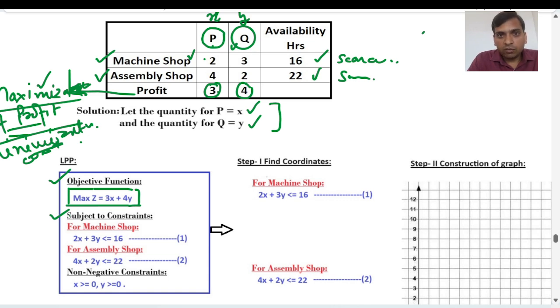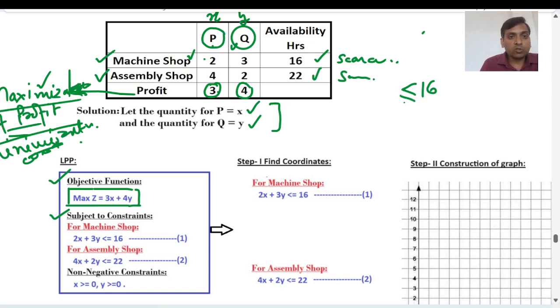This is the scarcity of resources, right? Scarcity of resources means the maximum availability of this machine shop is 16 hours. This means we can use this machine maximum 16 hours or less than 16 hours. So we will write less than or equals to 16 hours.